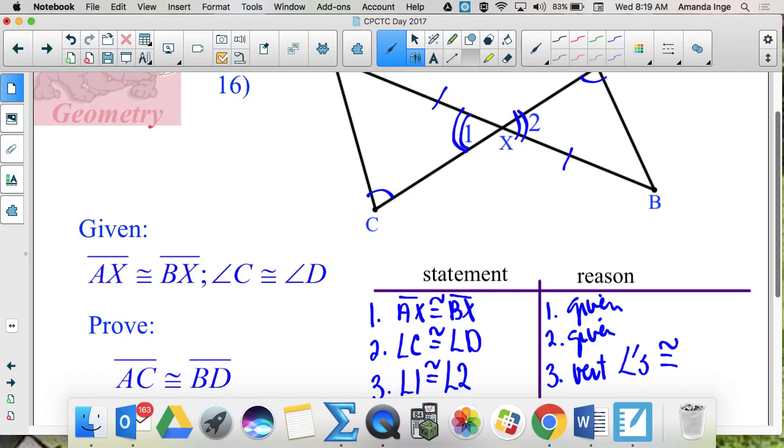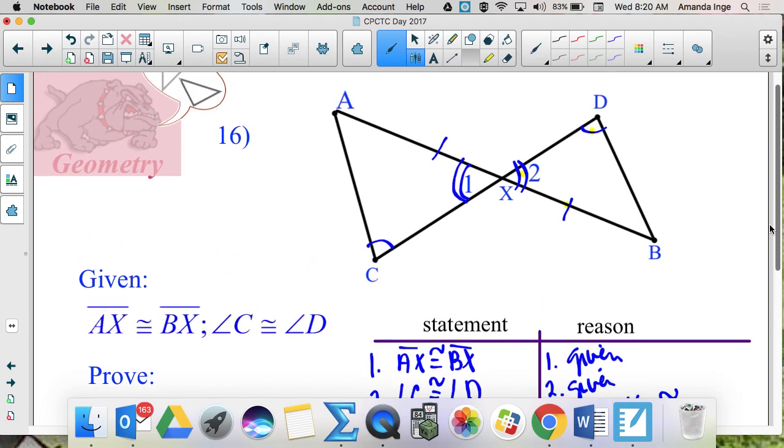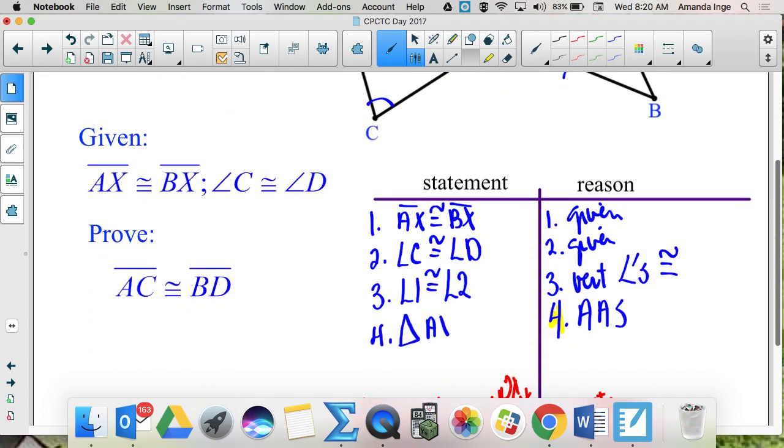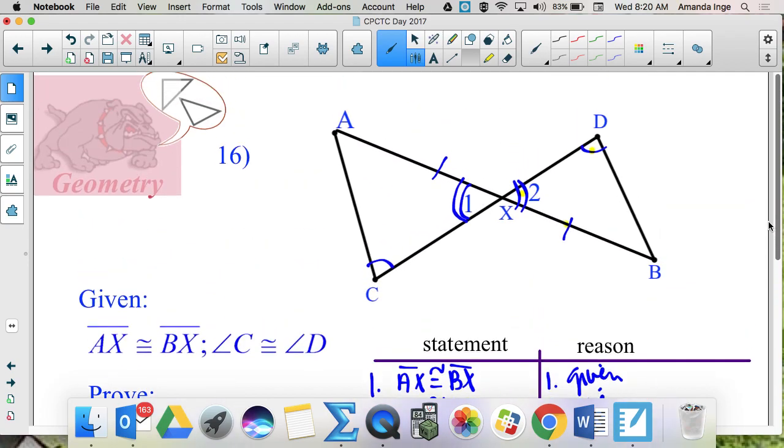So we have an angle, and a side. So we can say that triangle AXC is congruent to triangle BXD.